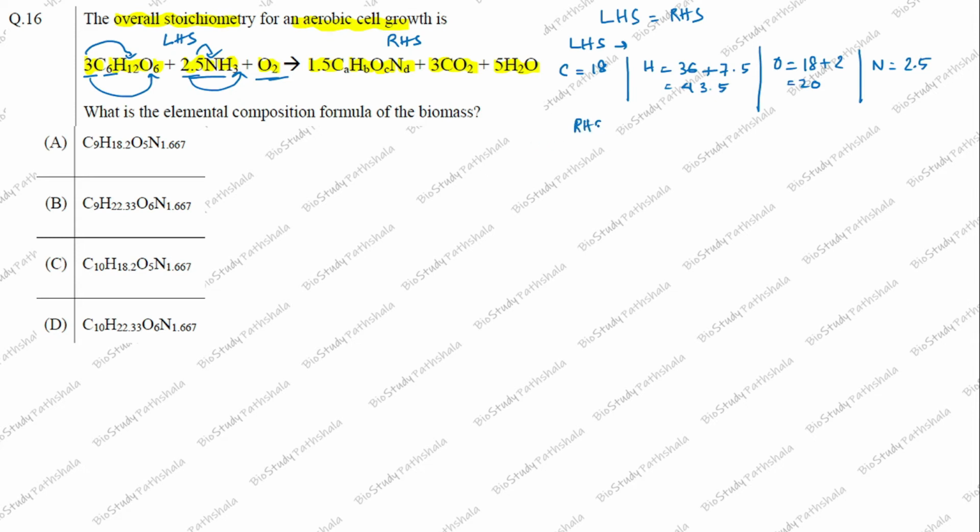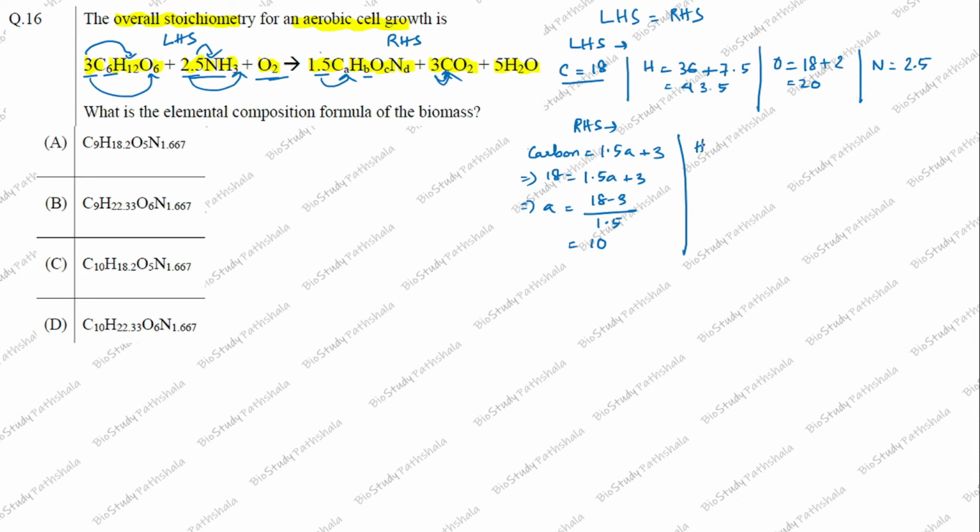Now in RHS, the number of carbon will be 1.5 into A plus 3. So in LHS, the number of carbon was 18, which is equal to 1.5A plus 3. So A will be 18 minus 3 divided by 1.5, which will be 10. So this was about the carbon, that is A value. Next is B. B is for hydrogen.